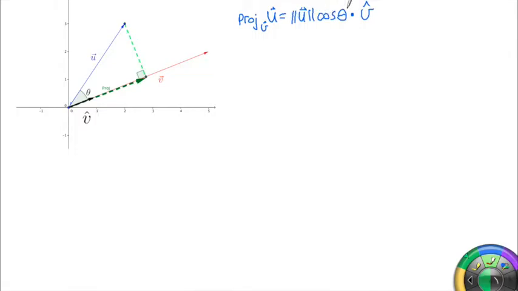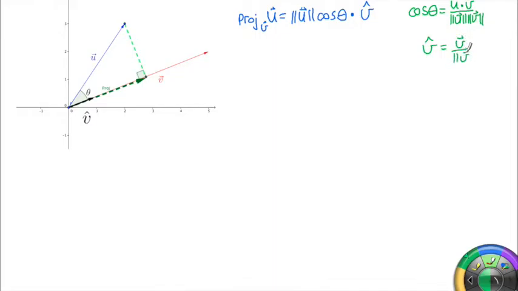Formula number one. Cosine of theta has its own little setup in relationship to U and V. It is equal to the dot product between the two vectors divided by the magnitudes of those two vectors. So we have that. We also can do the substitution of v hat here. V hat's formula is the vector V divided by its own magnitude.